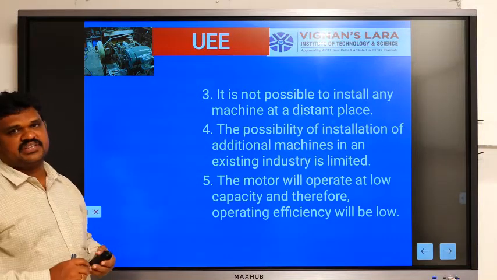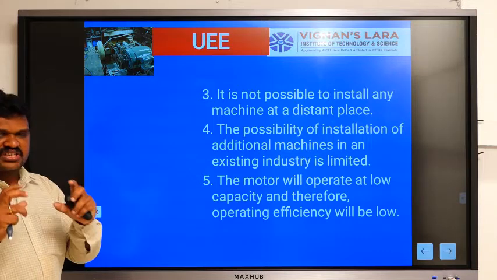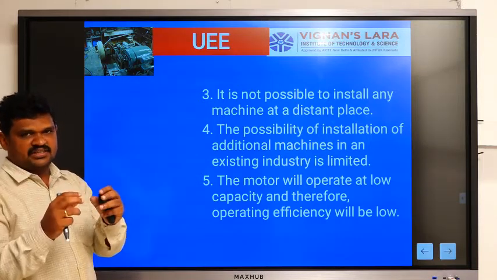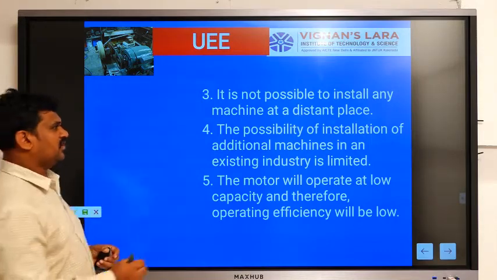So the efficiency will decrease. So the machine you want to connect to that shaft should be placed at some distance only. It should not be far away.